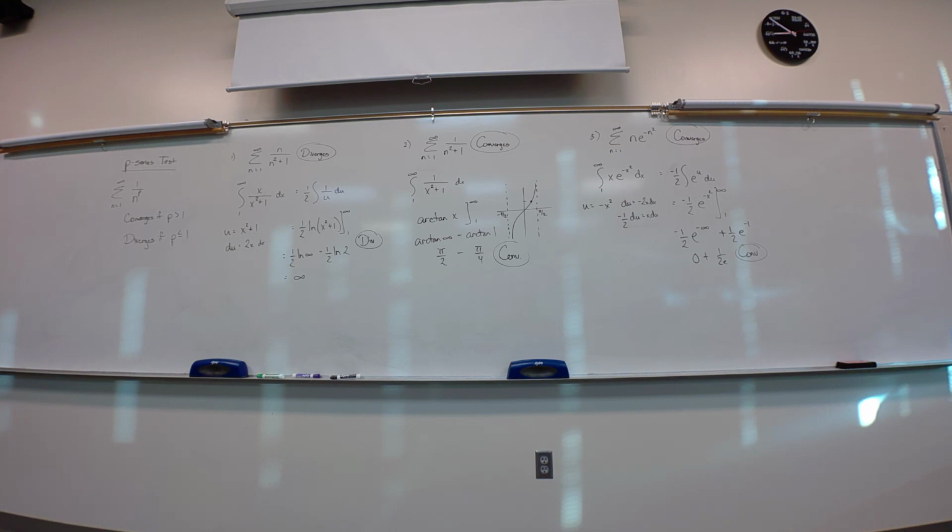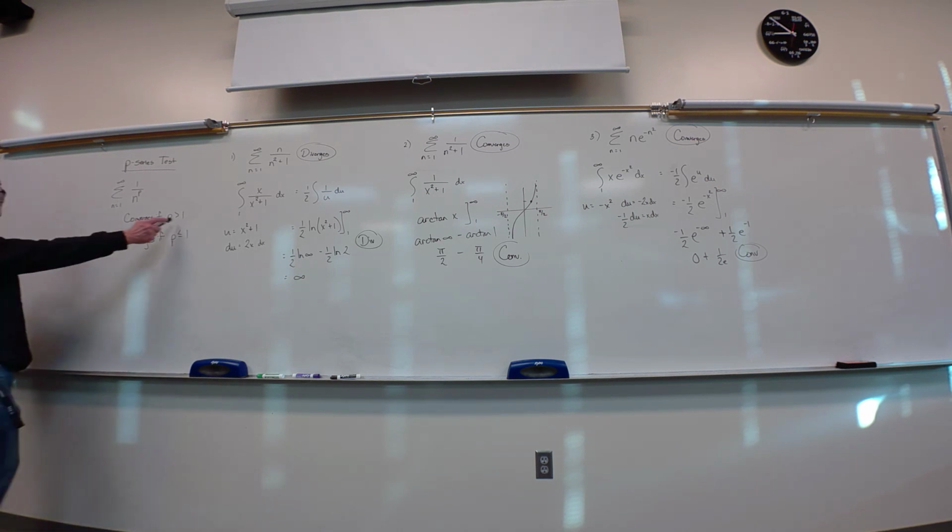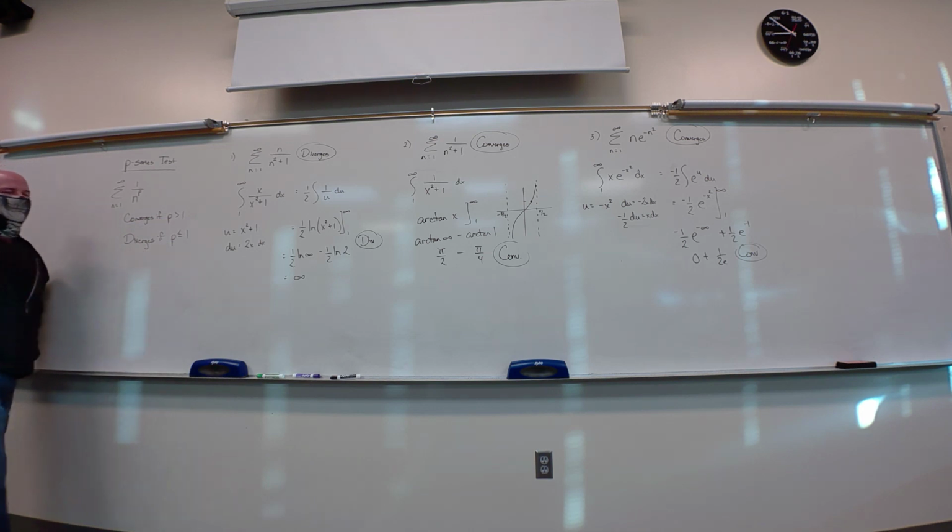For geometric, r, because geometric had the exponent too. Right? r less than 1 converged, greater than or equal to 1 diverged. The P-series test reverses that. So if p is greater than 1, it's going to converge. Less than or equal to 1, it's going to diverge.